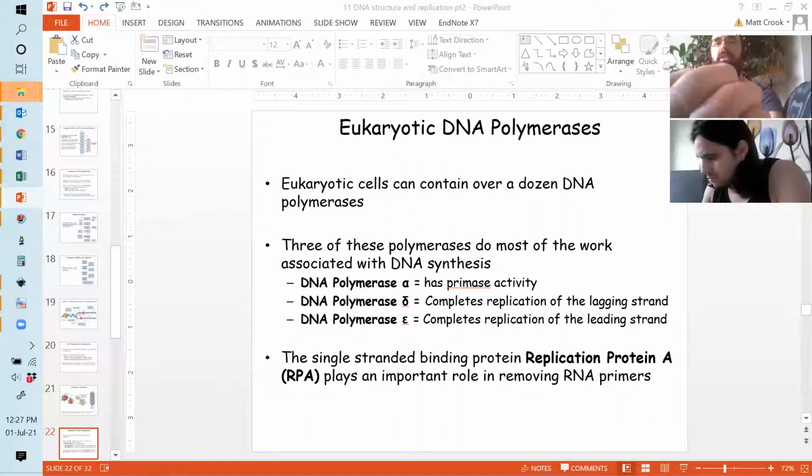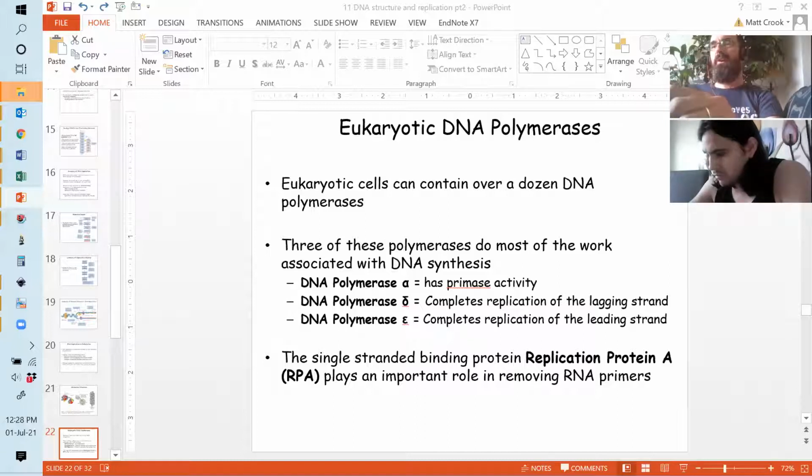So in prokaryotes, you have primase, which is an RNA polymerase, and DNA pol 3.